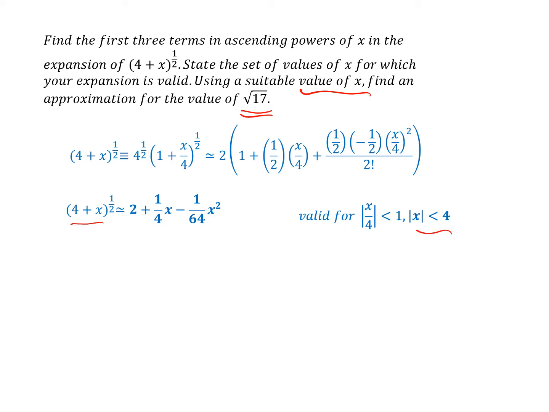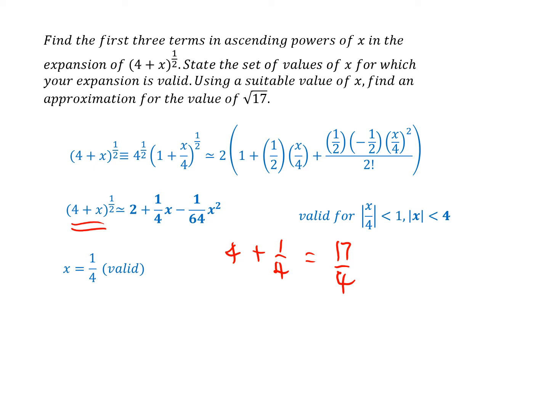And the fraction that makes sense is x equals a quarter. Because when we say 4 plus a quarter inside the brackets here, that's the same as 17 over 4. And so that's where my 17 is going to come from.